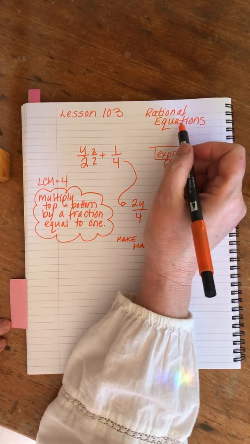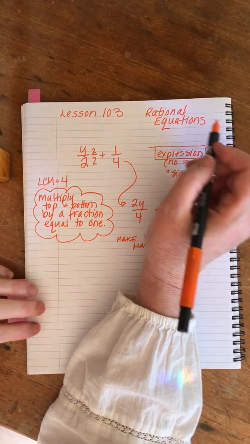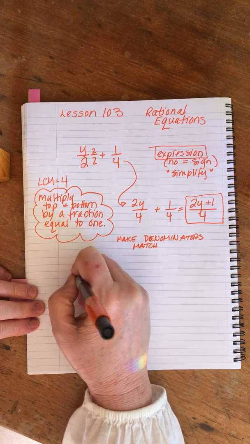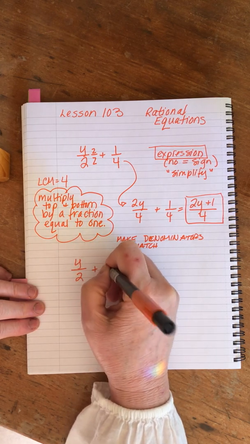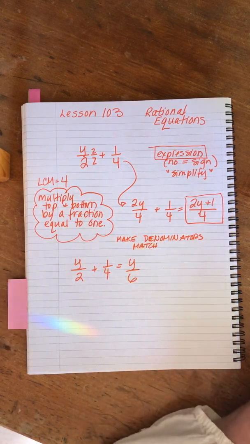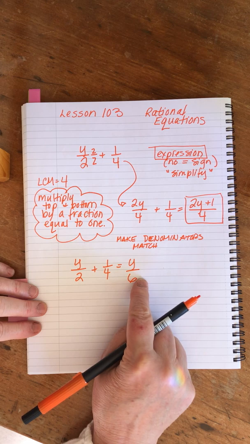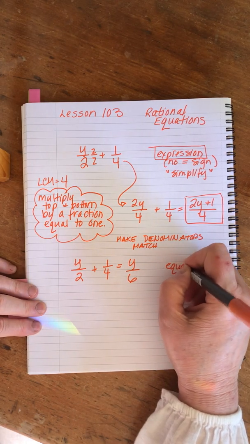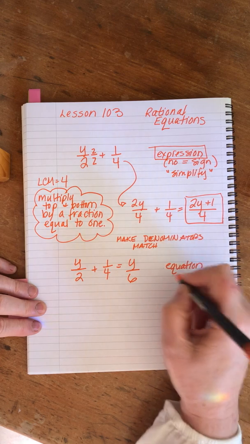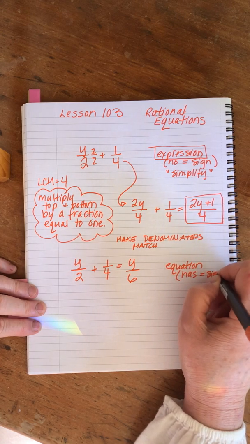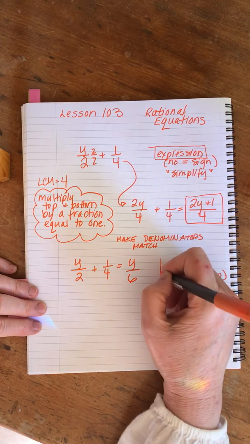However, what we're going to talk about in this lesson is rational equations. So let me show you how that looks different. Oh, that has an equal sign and more information over here. This is an equation, and it's very simple. It has an equal sign. That's how you can tell, right?